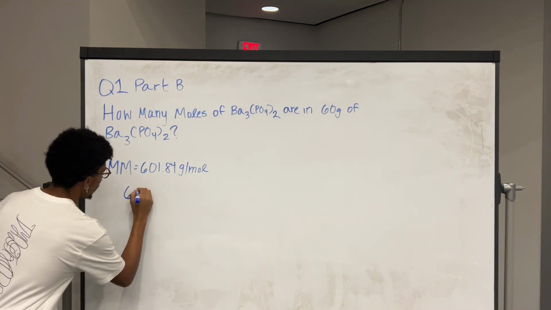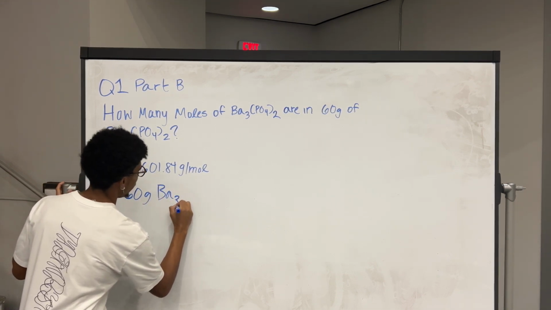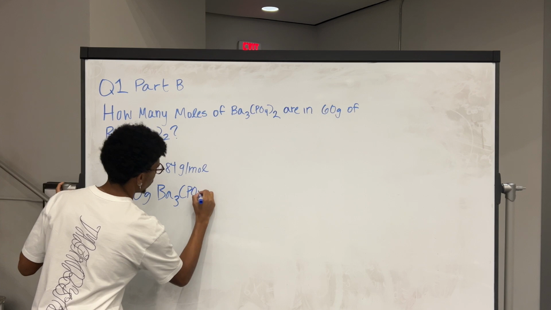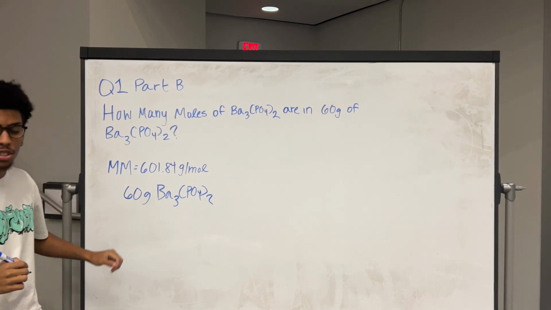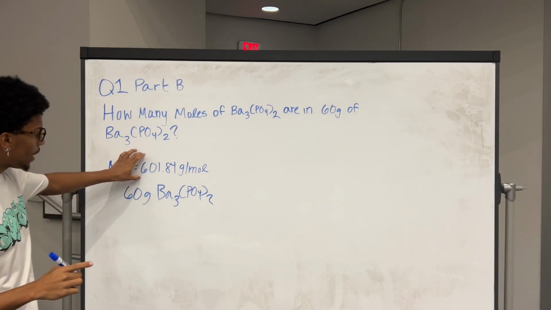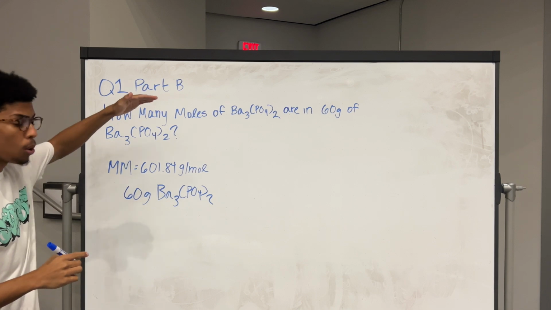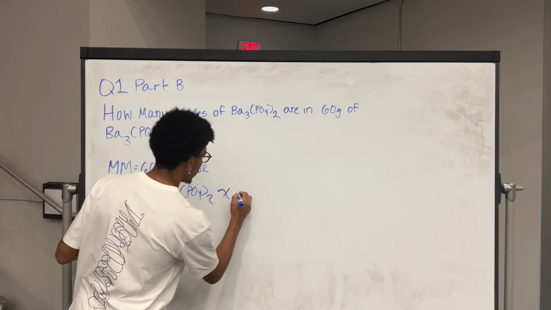You have 60 grams of barium phosphate, and you want to cancel out this grams. In order to do that, you want the molar mass to be moles over grams. So you're going to multiply this.